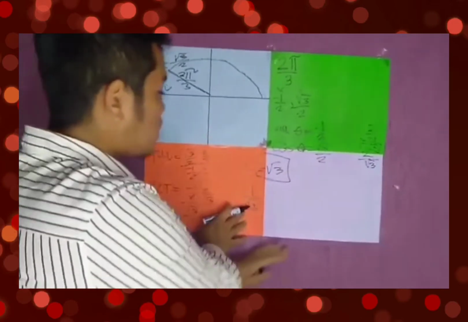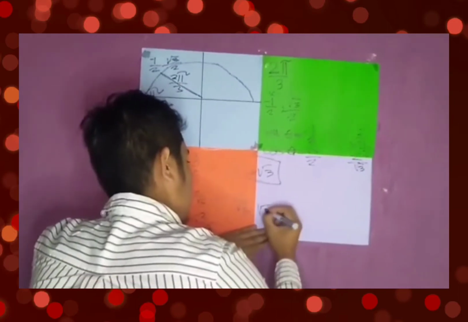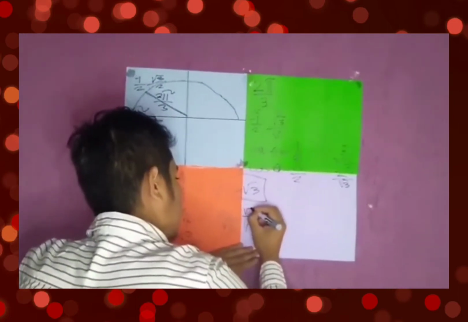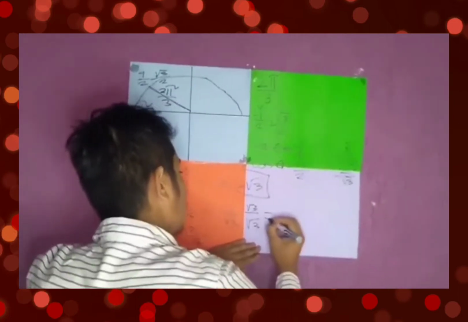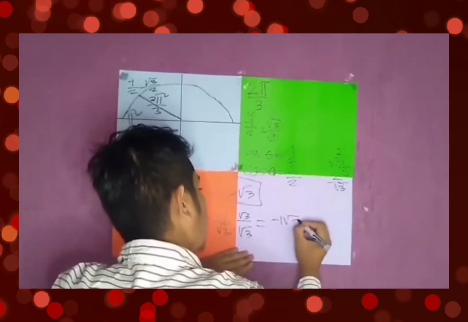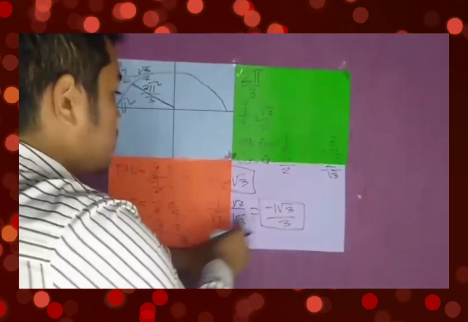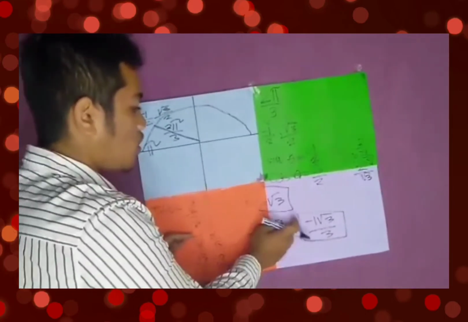Then we're going to the process of rationalizing. So negative 1 times square root of 3 over 3. So the cotangent is equal to negative square root of 3 over 3.